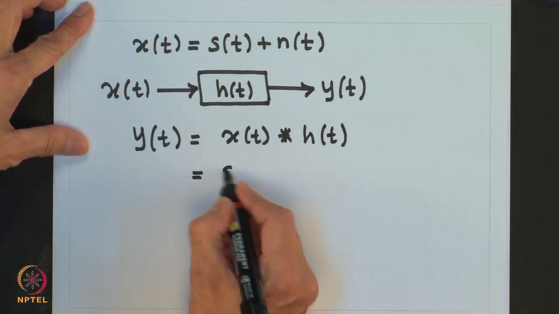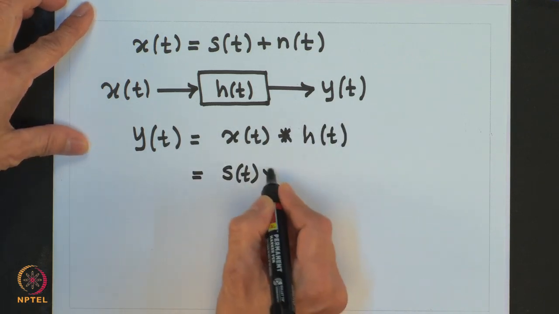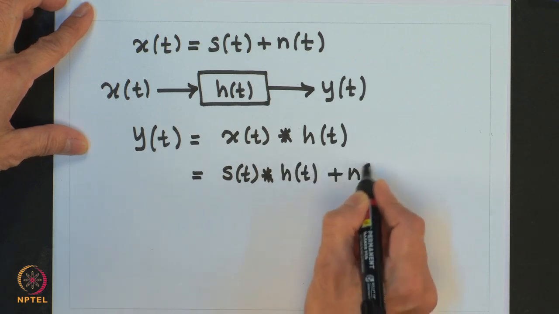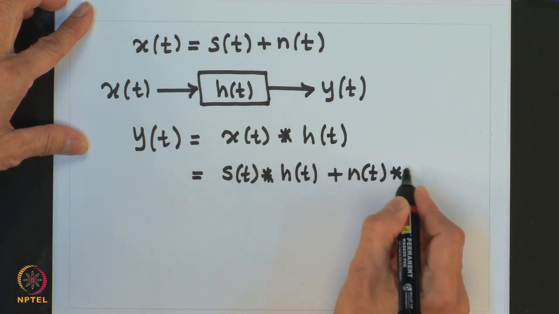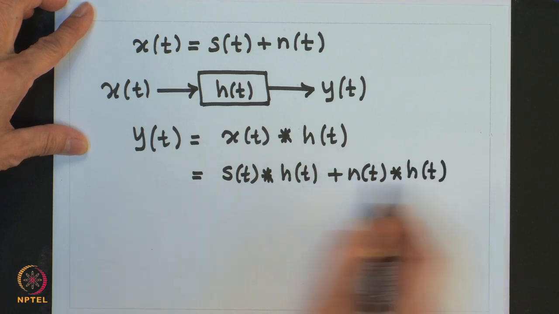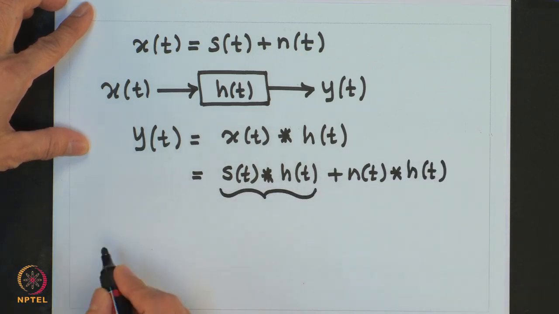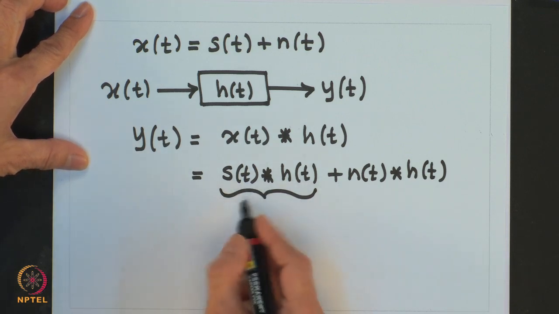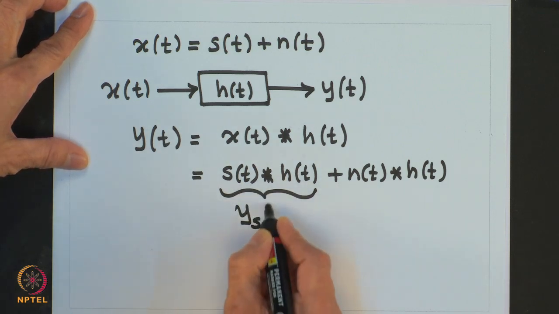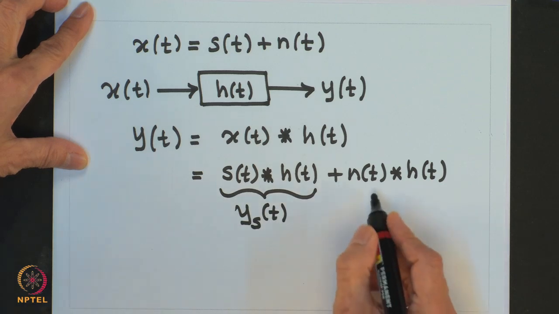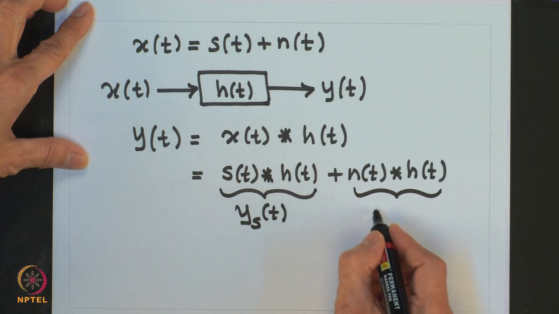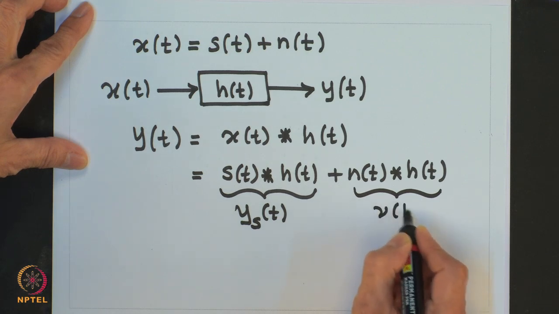This will give me st convolved with ht plus noise convolved with ht. Now, I call the component due to the signal as yst in the output, and this is the component due to the noise. Let me call it nu t.